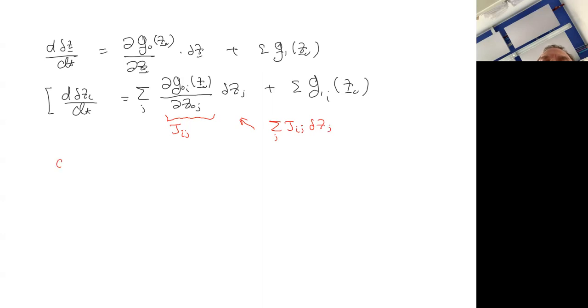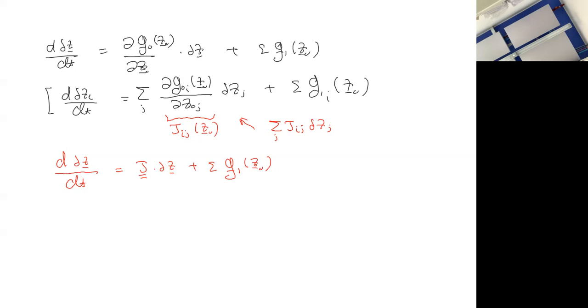In vector notation, this is d delta Z dt equals J dot delta Z plus epsilon G1 of Z. J actually depends on Z naught, but we're just going to write J. That's not a big deal. So if epsilon is small, this is our equation.